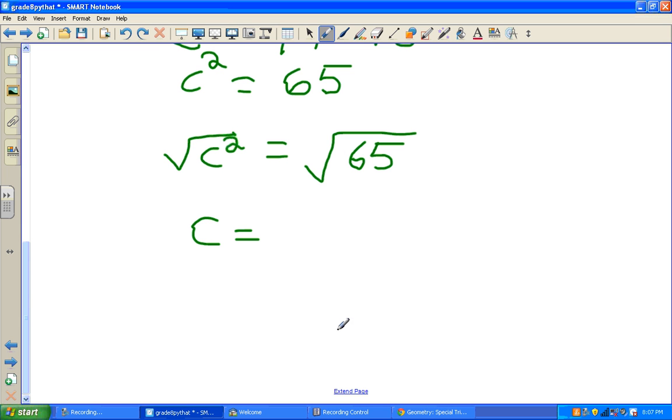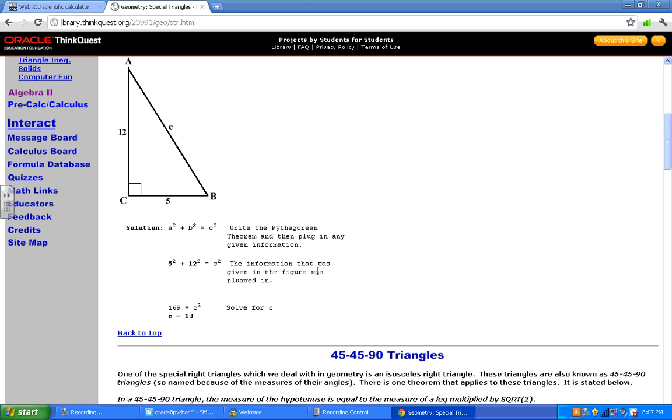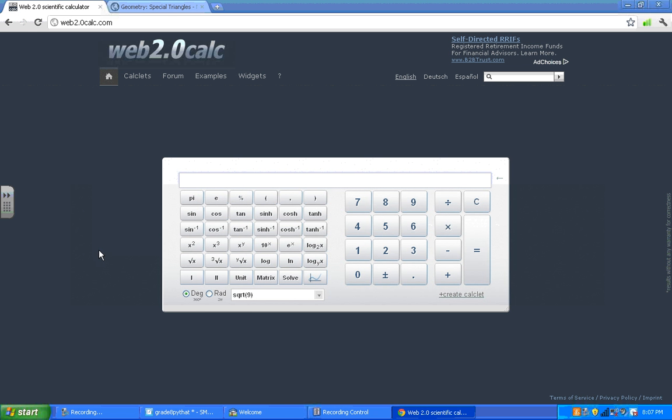Now to find the root of 65, you're going to need to use your calculator. So if I go to a calculator that I have loaded up, I'm going to put 65, and then I'm going to use my root symbol. It looks different on different calculators, but usually you'll see a root sign. So I'll click that. I want the square root of 65, and my answer is going to be 8.06.